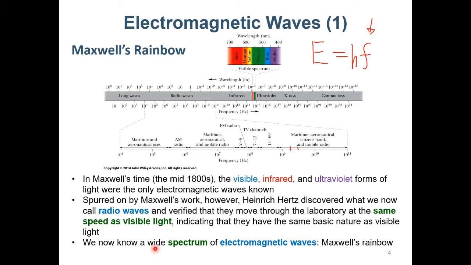And now we know that there is a wide spectrum of electromagnetic waves, the Maxwell Rainbow. So in one simple sentence, light is an electromagnetic wave.